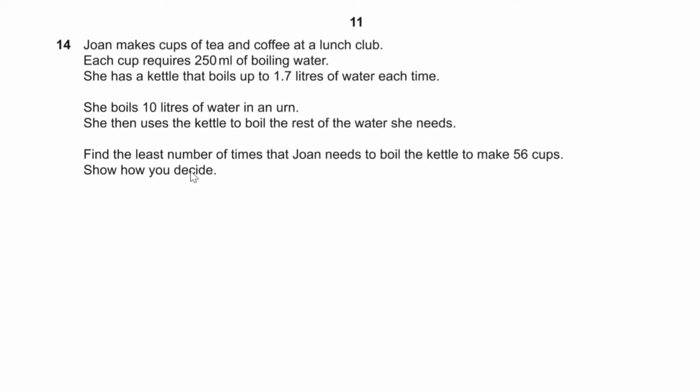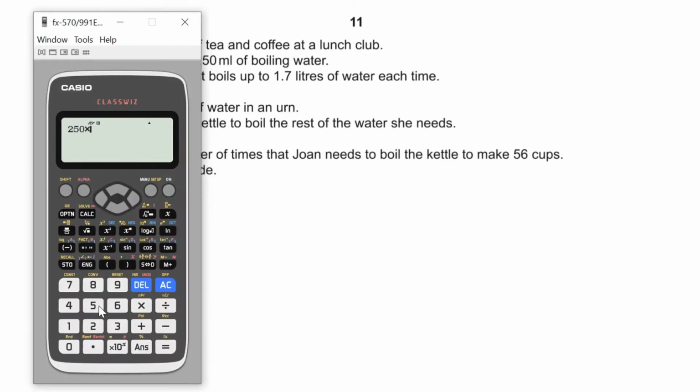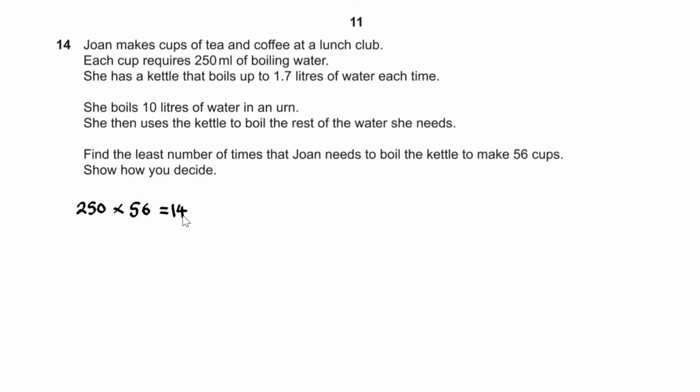We need to find the least number of times that Joan needs to boil the kettle to make 56 cups. Show how you decide. First of all, we can find out the amount of boiling water required. Each cup requires 250 millilitres, and we've got 56 cups, so 250 times 56 equals 14,000.